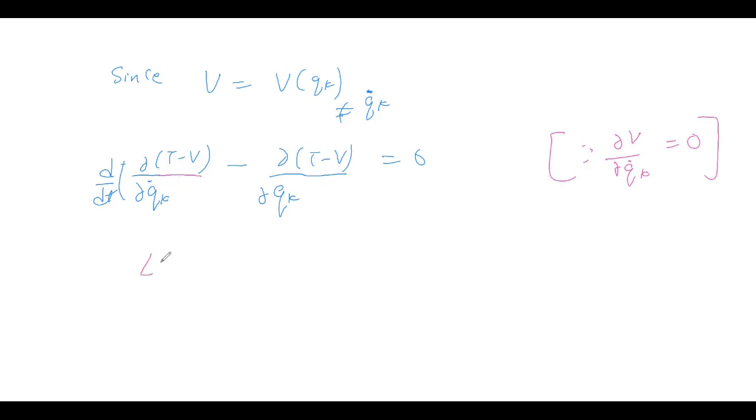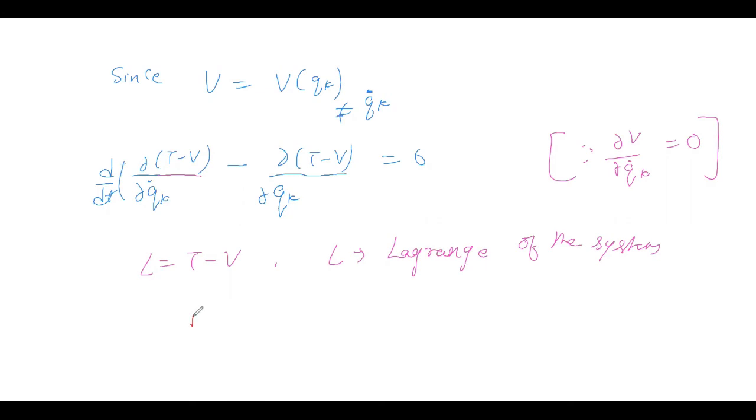Now I give L equal to T minus V. This L is called the Lagrangian of the system. Every time we give a problem, you have to calculate what is my L. Once you have L, you substitute it in the Lagrange equation and you can solve the equation of motion. So what will be my final equation?